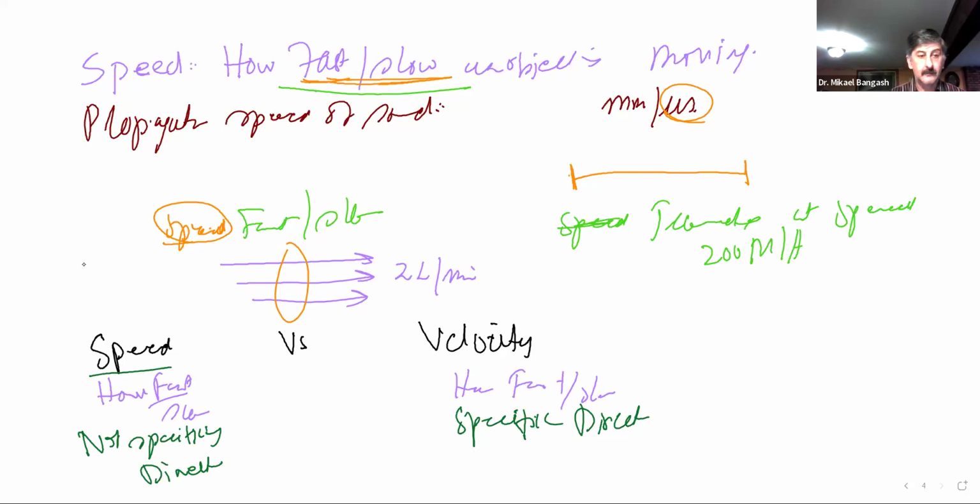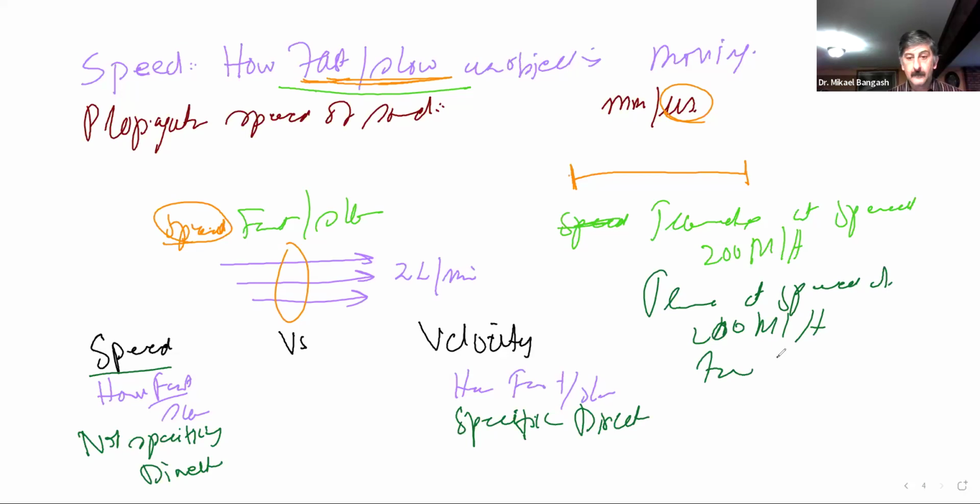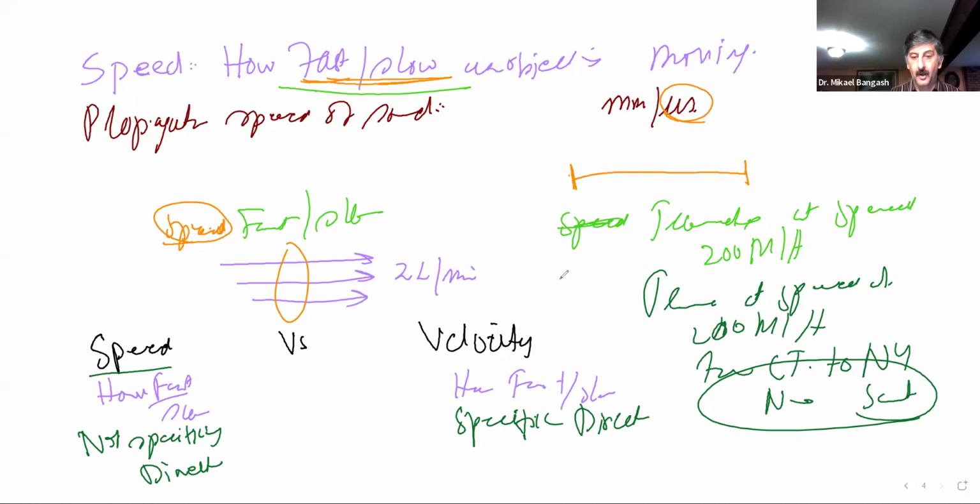Whereas if I say that I'm traveling at a speed of 200 miles per hour from, let's say, Connecticut to New York, or we can say from north to south, that becomes velocity.